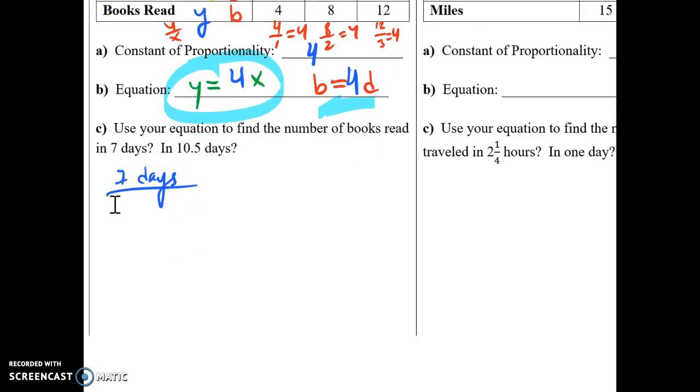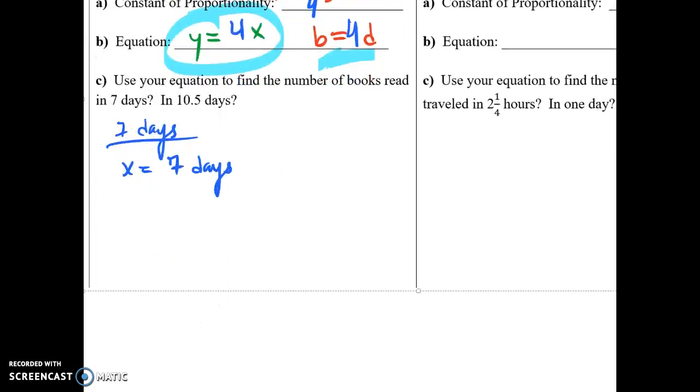Since they're asking for 7 days, our x is going to equal 7 days. We want to know how many books can be read in 7 days.